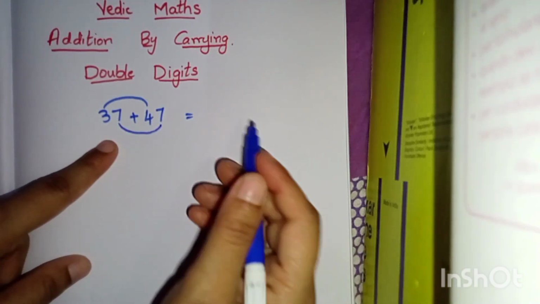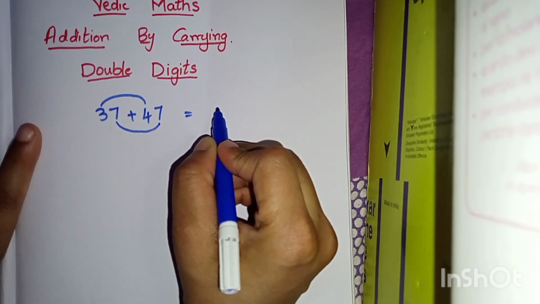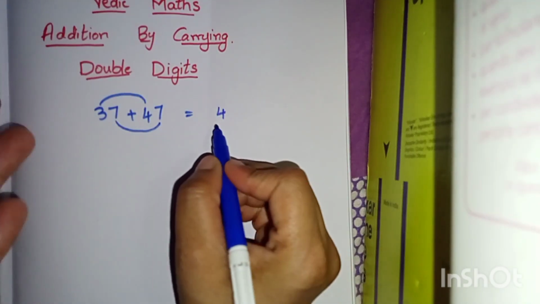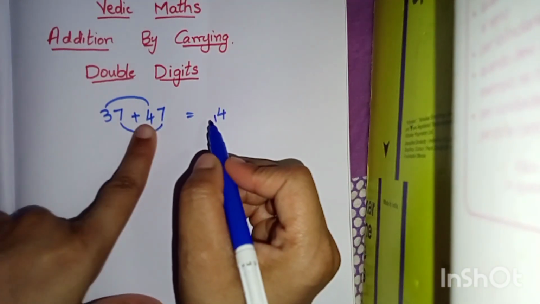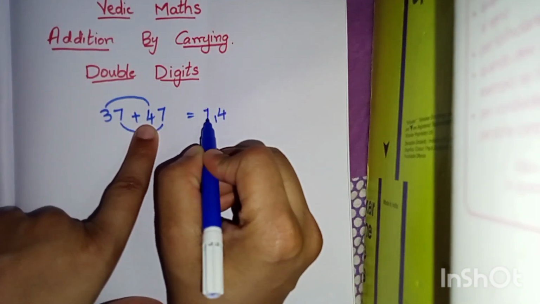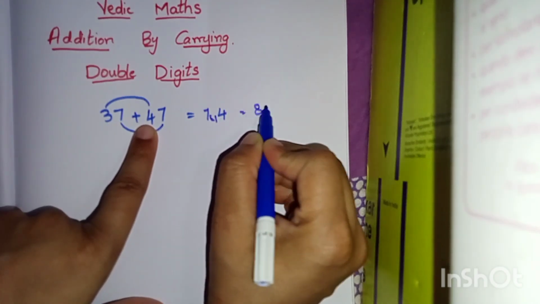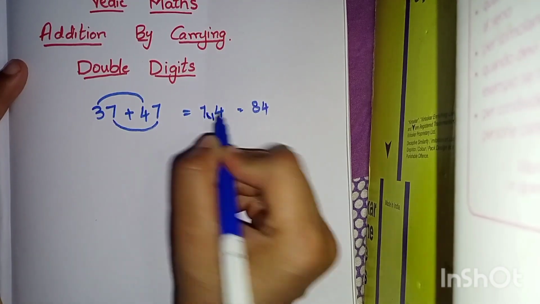What is 7 plus 7? 14. Don't write 14 directly. Write just the end digit of 14 first, and the tens place value of 14 is 1, which you write little small. And 3 plus 4 is 7, right? So you add these both and make it 8. The answer is 84.